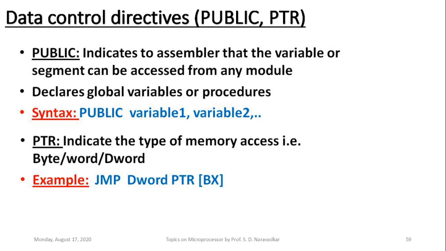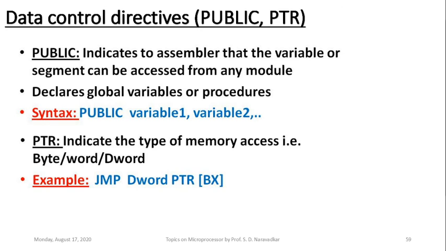Using that 32 bits of double word taken from 4 consecutive memory locations, the first word will be copied to the IP register and the second word will be copied to the CS register, and then subsequently the processor takes a far jump to another code segment.